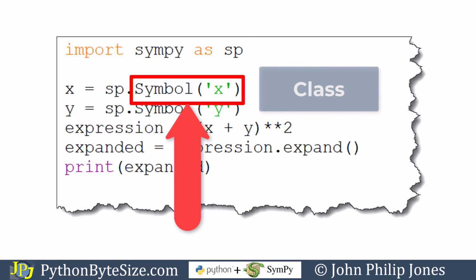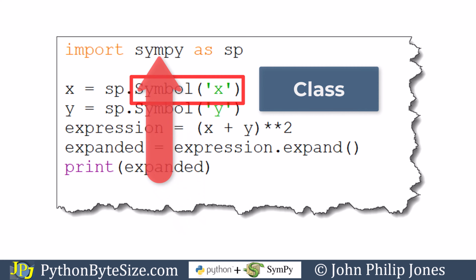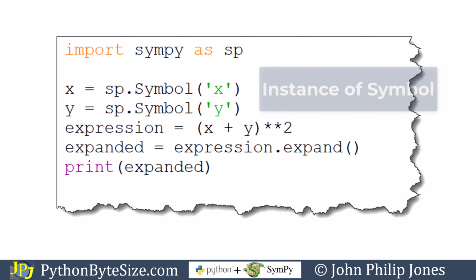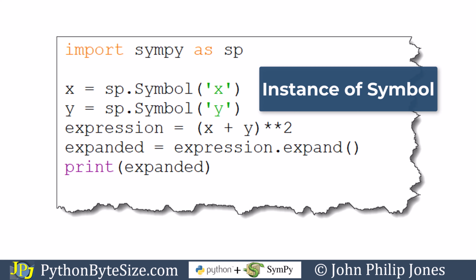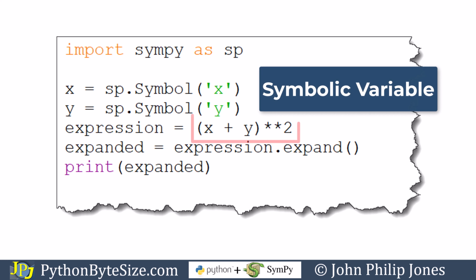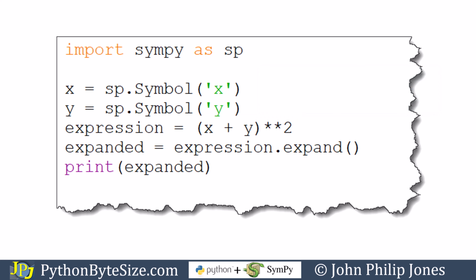Now symbol is a class defined in SymPy, and what it's capable of doing is creating an instance of the symbol class. In other words, it is going to create a symbol to be used in the mathematics that follow in this program. And the symbol it's going to be using is defined by the passing in of this string x. So I am wanting x to be the symbolic variable used in the mathematics.